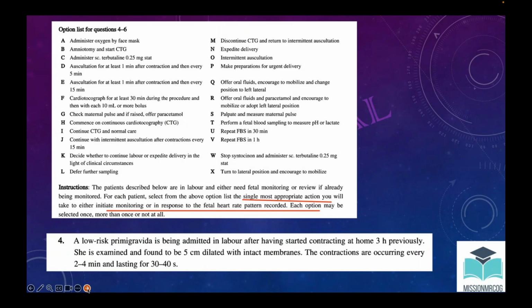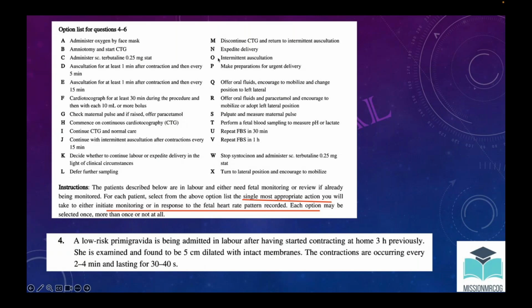So do you think there is any problem? No. So what should be the answer? Option E, auscultation for 1 minute after a contraction. Intermittent auscultation would be the answer.